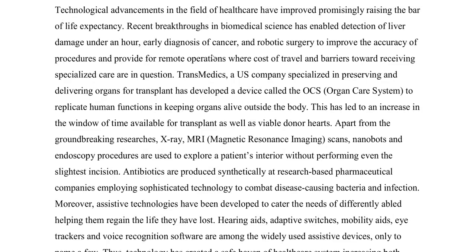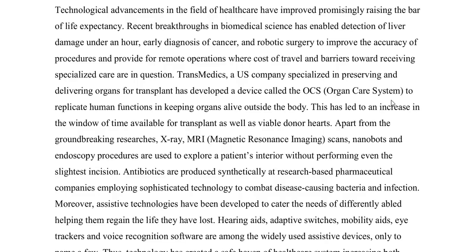Early diagnosis of cancer and robotic surgery improve the accuracy of procedures and provide for remote operations where the cost of travel and barriers toward receiving specialized care are in question. Transmedics, a US company specialized in preserving and delivering organs for transplant, has developed a device called the OCS, organ care system.